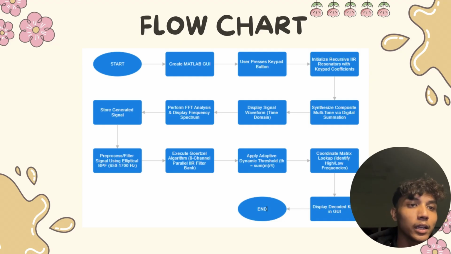So next, targeted Goertzel decoding. We execute Goertzel decoding, which has an 8 channel parallel IIR band filter bank, streamed into N equal to 205 sample blocks, to extract magnitude only at the 8 specific DTMF frequency bins, and then adaptive thresholding and matrix lookup. So that's all.